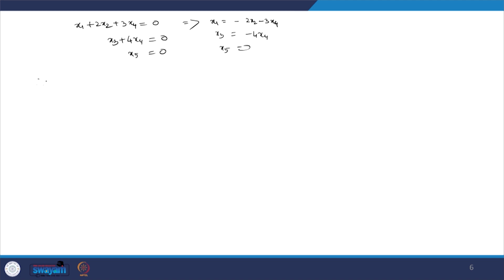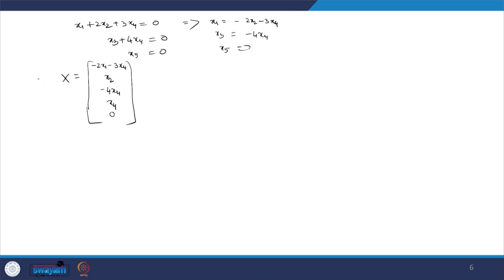So, the general solution capital X will be of the form (minus 2 x2 minus 3 x4, x2, minus 4 x4, x4, 0). This is basically the general structure of the solution of the system Ax equal to 0.